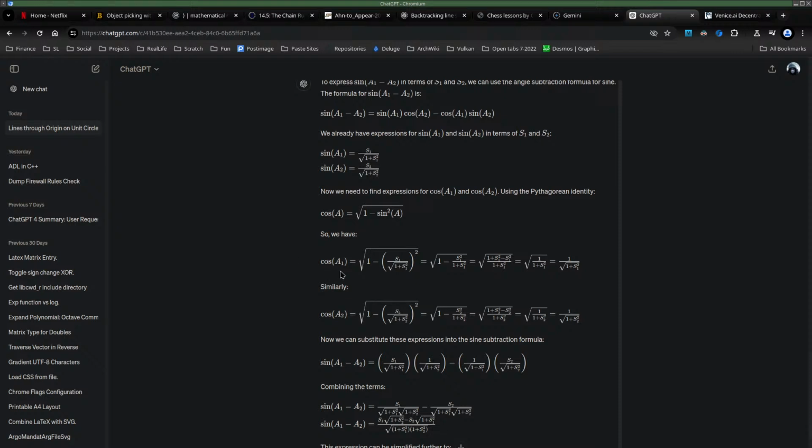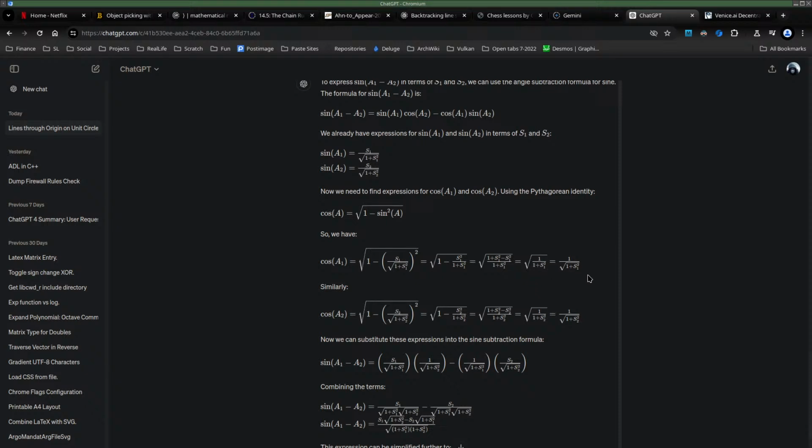So the cosine of a1 is the square root of 1 minus that square divided by that. Is the square root of, yeah, square root of that is 1 divided by the square root of that.